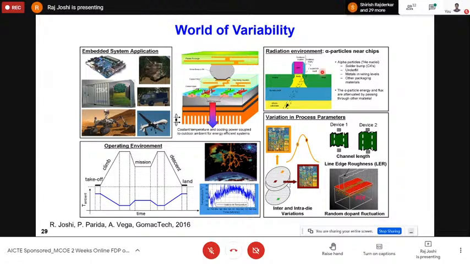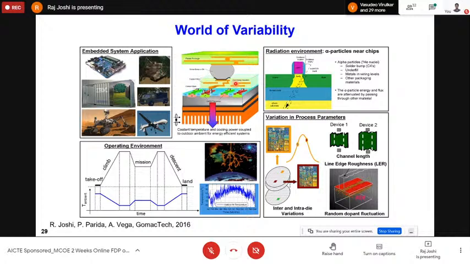Radiation, soft error rates, alpha particles, right, can cause a lot of variations because they can change threshold voltages. And in the atmosphere, when your drone is operating in a higher environment, from takeoff and landing and all that, the temperature would change, and you can see the environmental conditions change as a result.